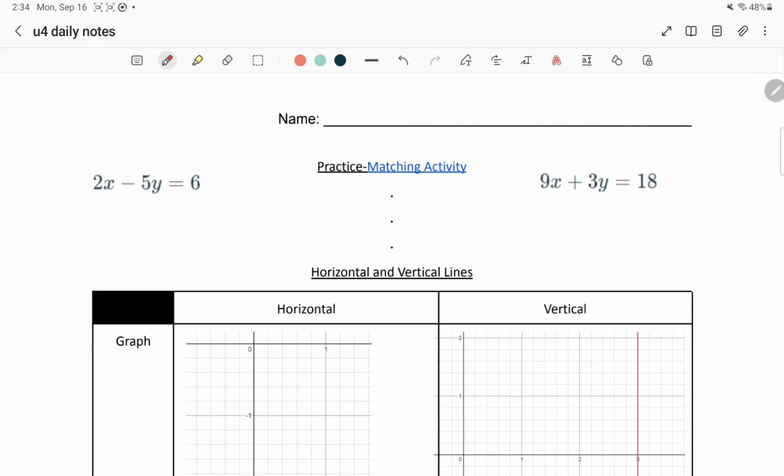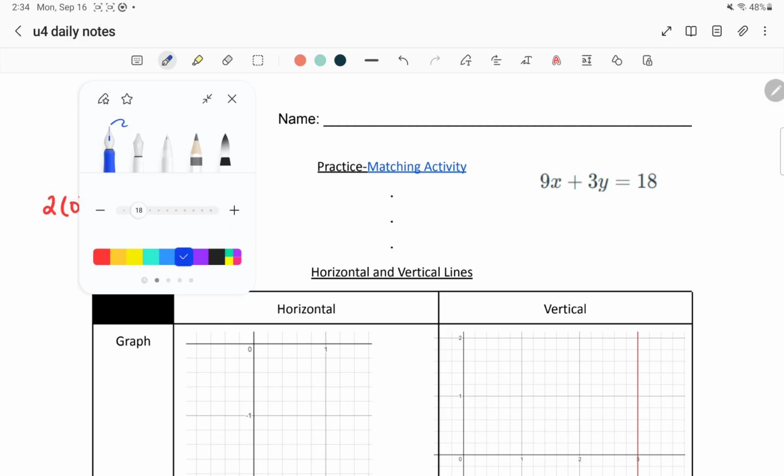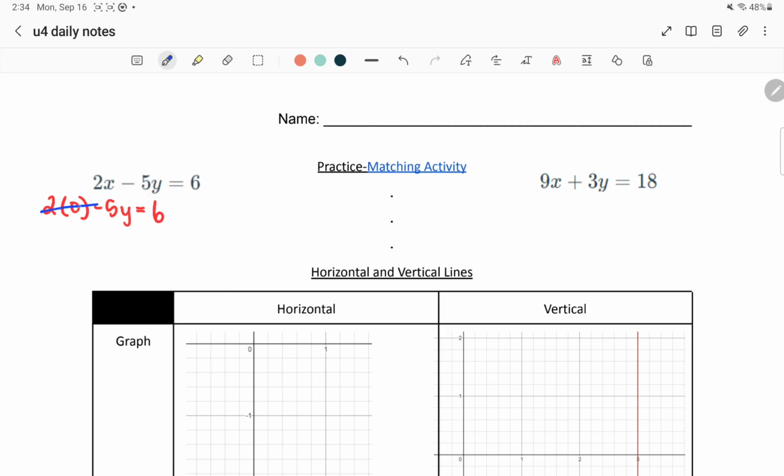Okay? So I'm going to substitute 0 for one of the variables. We're going to pick x again. And we're going to solve for the other one. So 2 times 0 is 0. By the way, that's going to happen every single time.